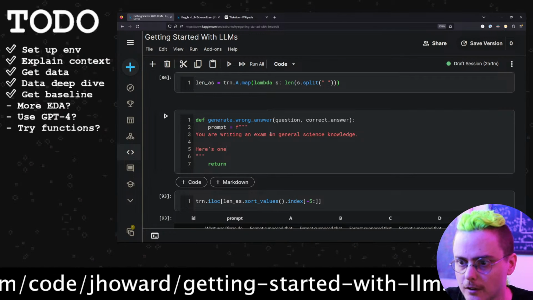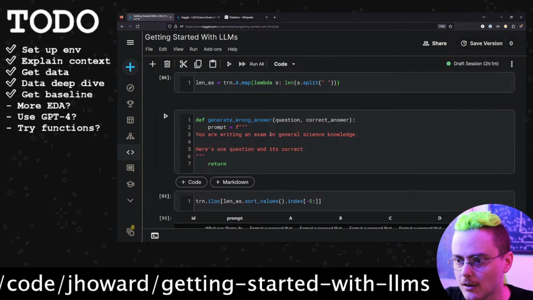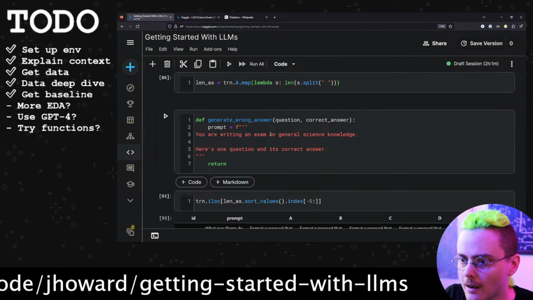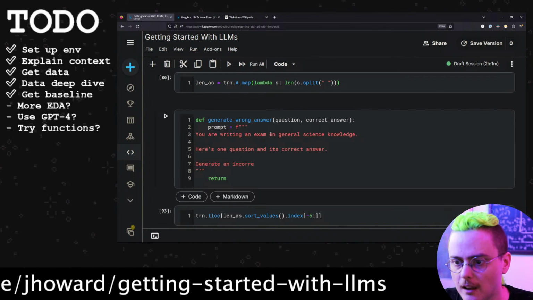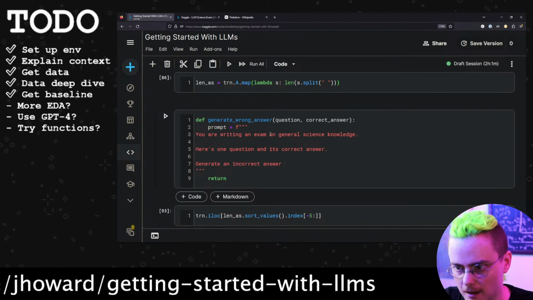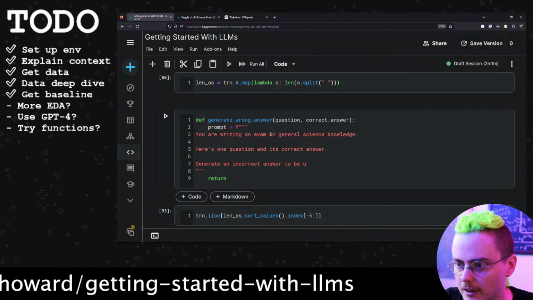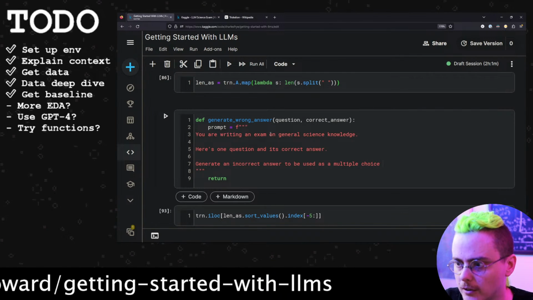Here's one question and its correct answer. Generate an incorrect answer to be used as a multiple choice alternative.